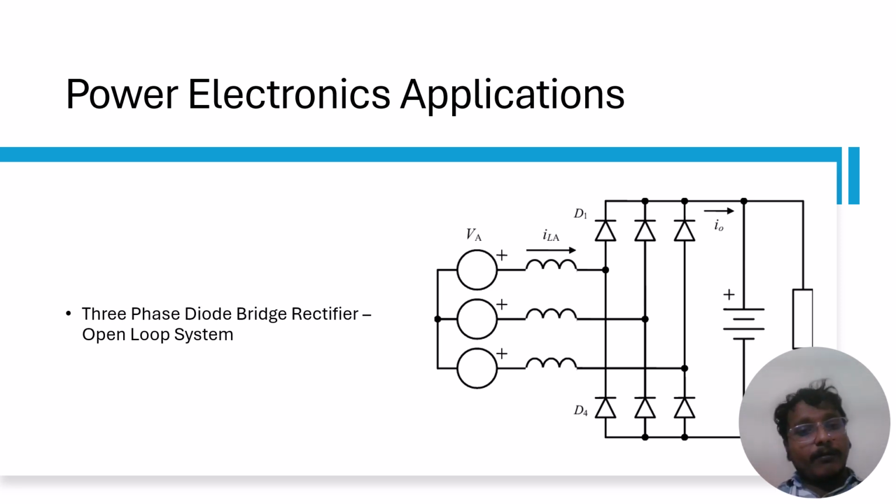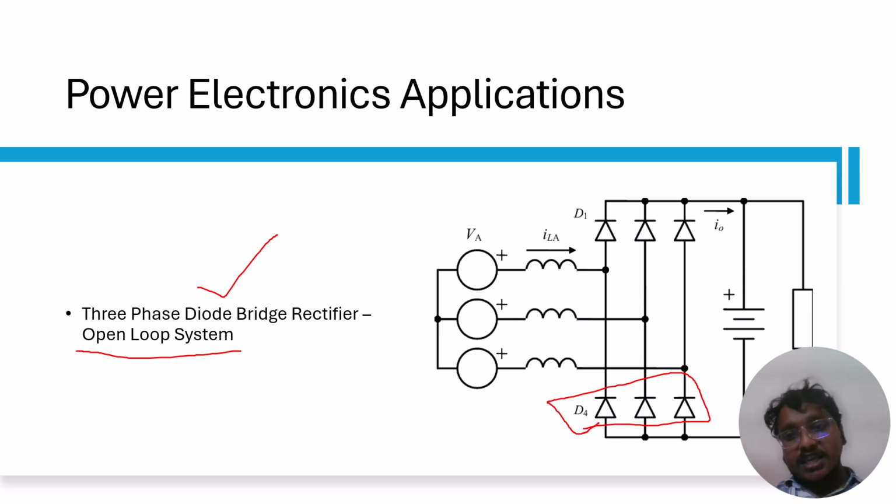So the best example of an open loop system from a power electronics perspective is the three-phase diode bridge rectifier. But when we change these switches from diodes to IGBTs, SCRs, GTOs or anything else, then inherently there will be a switch.